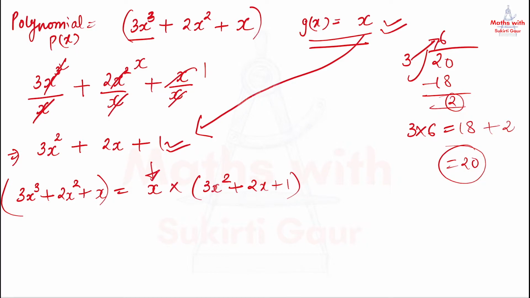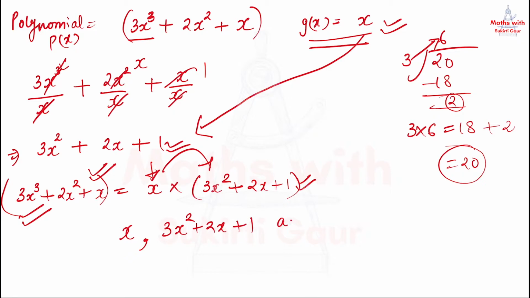Now this x has divided this polynomial how many times? This times. So x multiplied by 3x square plus 2x plus 1 will give us this. Now can we say x and 3x square plus 2x plus 1 are the factors of given polynomial?